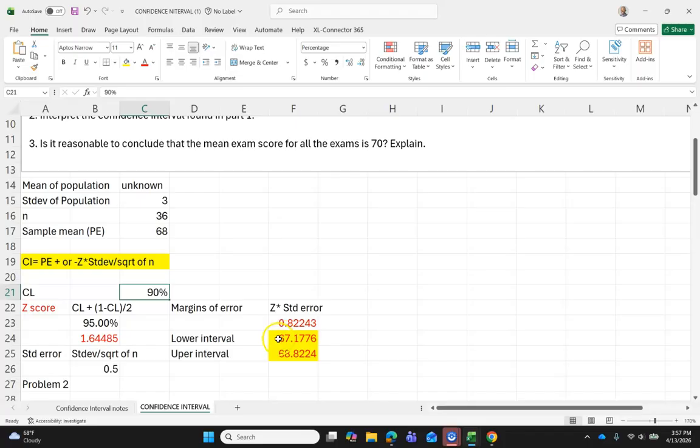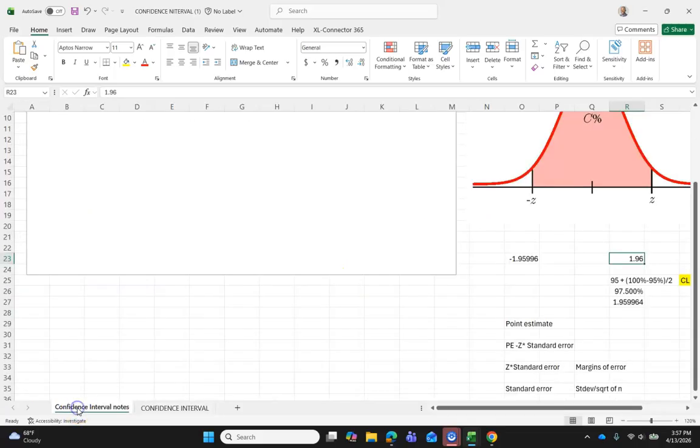It is any value between those. If we go back to this distribution, the lower bound will be this value here and the upper bound will be here. Our point estimate is the sample mean, and the mean of the population, which is unknown, will be any value from this point to this point.